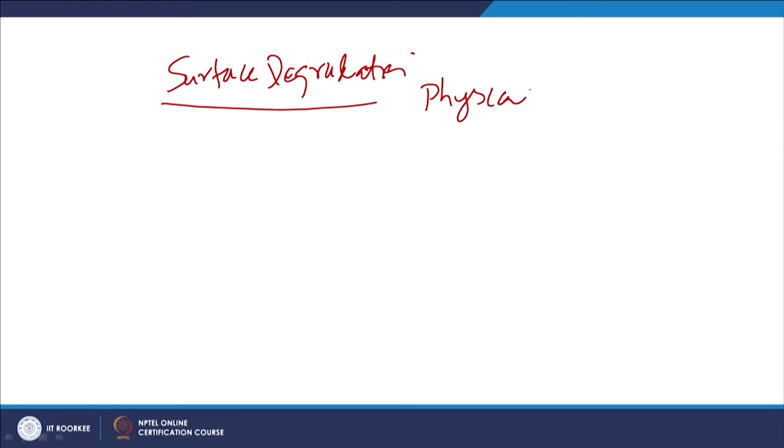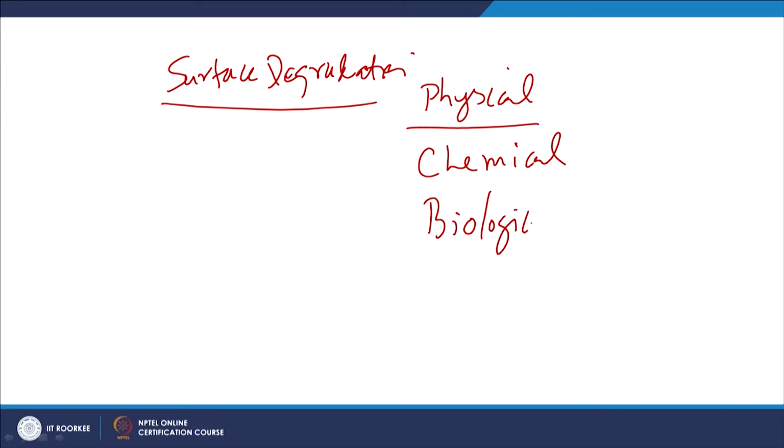The surface degradation of the component can take place in different ways. There are three broad categories. One is where physical phenomena are involved, the second is where chemical interactions are involved, and the third is where biological interactions are involved. Whenever these interactions with the component in use occur, they lead to degradation or damage to the surface of the component.